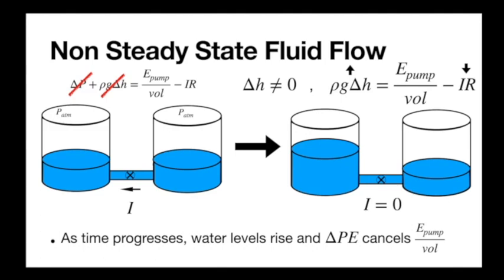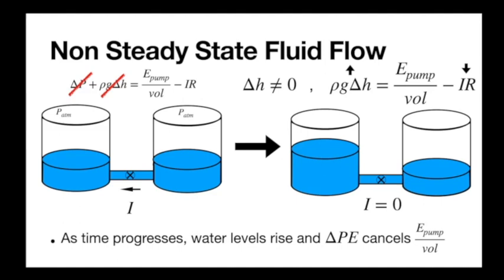If delta H increases, so that if this left-hand side, rho g H, becomes bigger, this IR term will have to shrink in order for that equation to work out. So let me say that again. As this height difference appears, we have to spend energy on this potential difference.